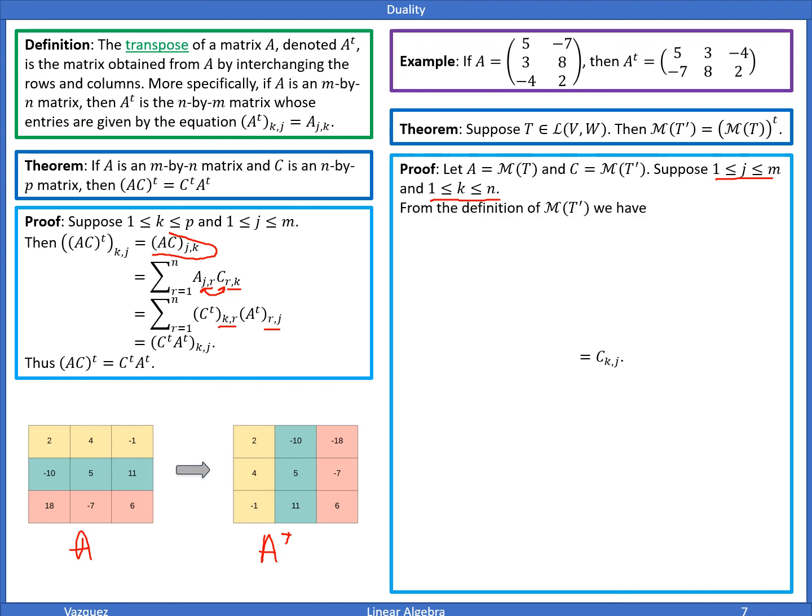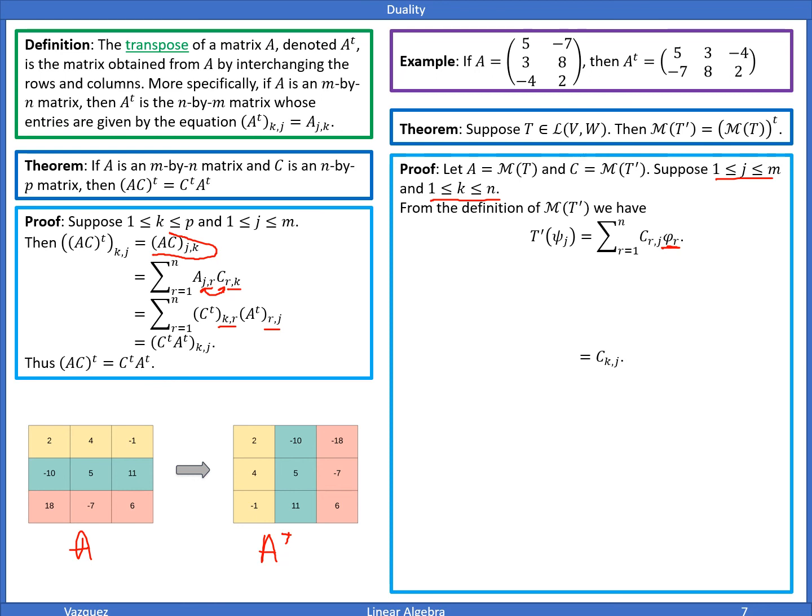Well then, from the definition of the matrix of T prime, we're going to simply write that as the dual map, T prime of psi j is equal to the sum of the matrix times our basis vectors, phi r.